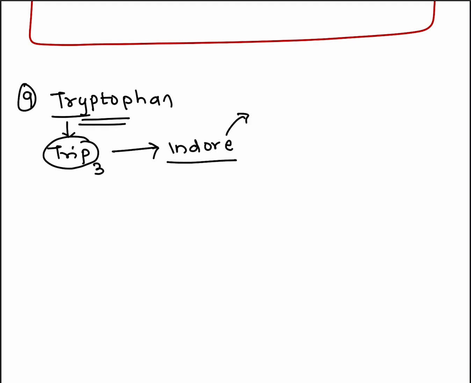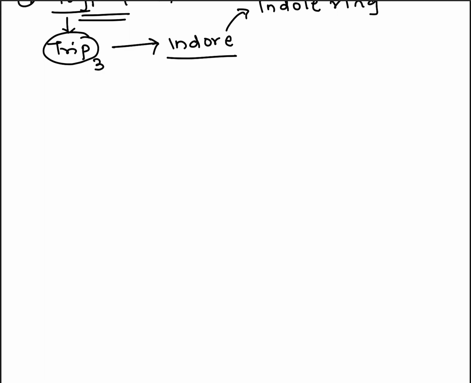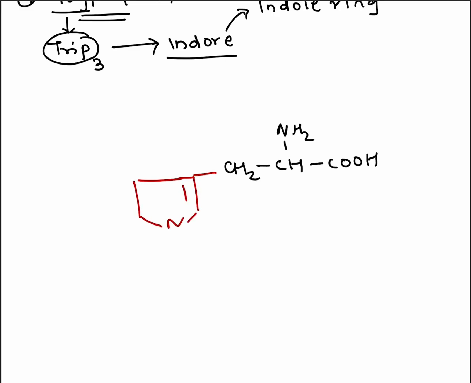This Indore will be remembered on behalf of the indole ring. Now how this indole ring is going to look, because we have to draw alanine. Draw it first: NH2 COOH. Now let's look at how the indole ring looks. You just have to remember it in any case.